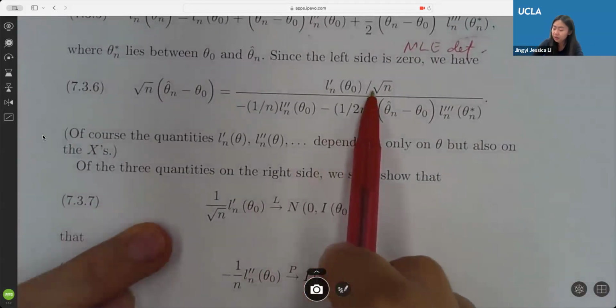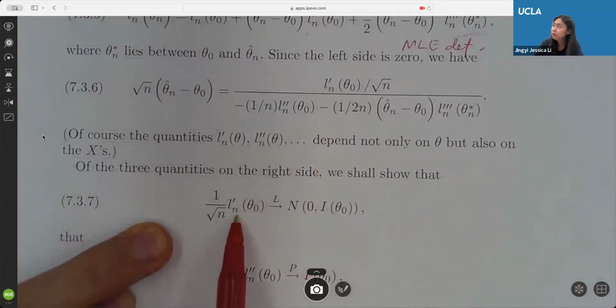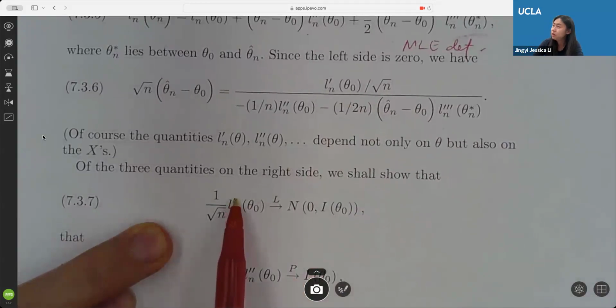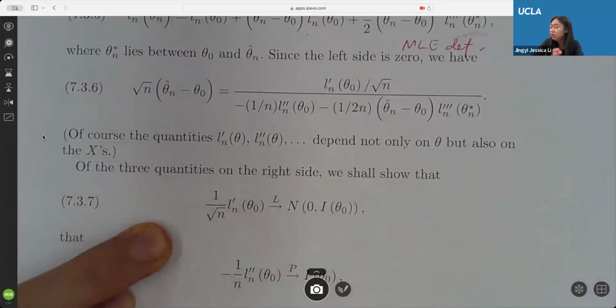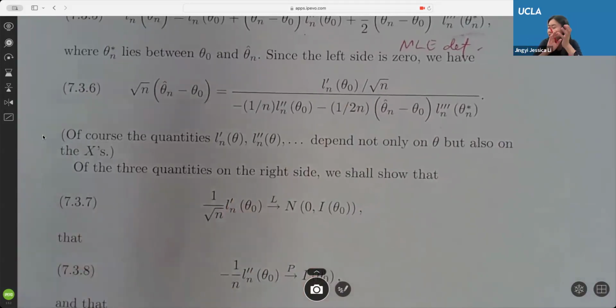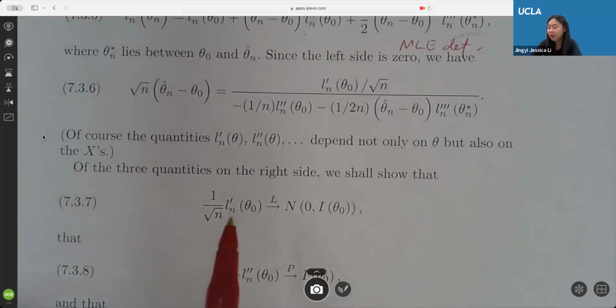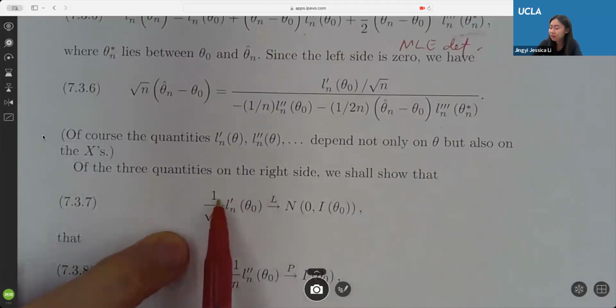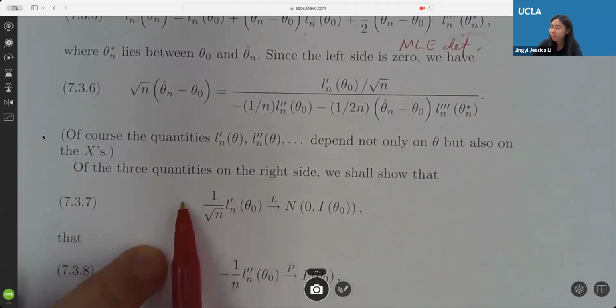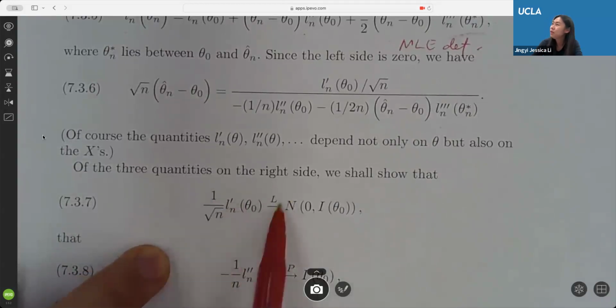First one, in the numerator, this is what? Log likelihood derivative at true value. You know, log likelihood is a sum, right? It's a sum of the log density at each data point. That's the log likelihood. Because it's a sum, if we divide the sum by n and multiply by root n, we get a central limit theorem.